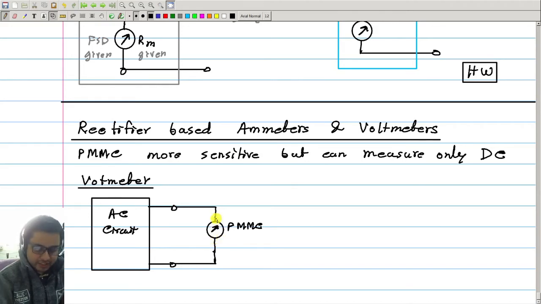So on an average, the torque acting on the moving coil will be 0, the meter will not give any deflection. What we can do, we can connect say a diode in series. So now what happens, only when this side is positive and this side is negative, current will flow through the meter, and in the opposite half cycle no current flows. So on an average there is a torque in one particular direction, so we will get a deflection and we can measure this voltage.